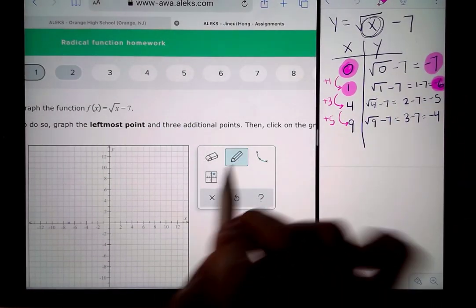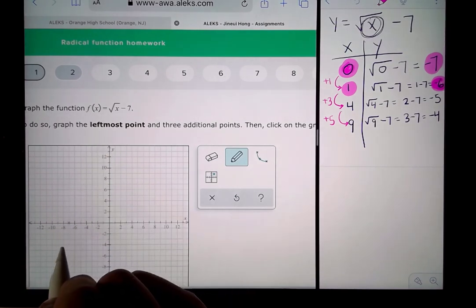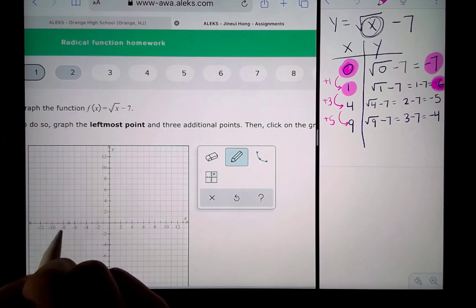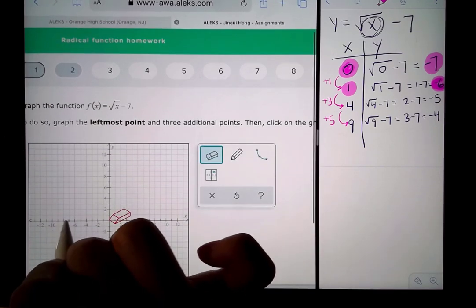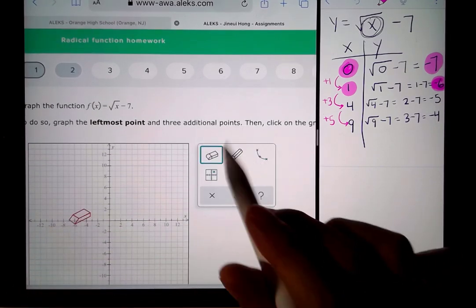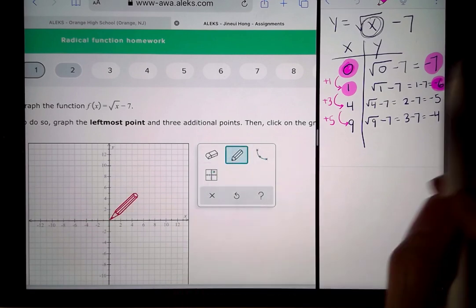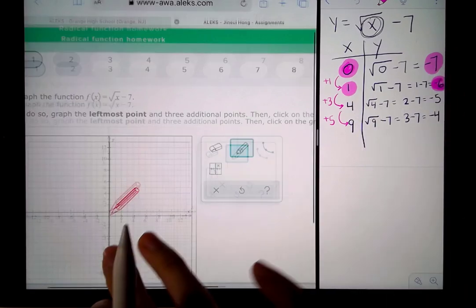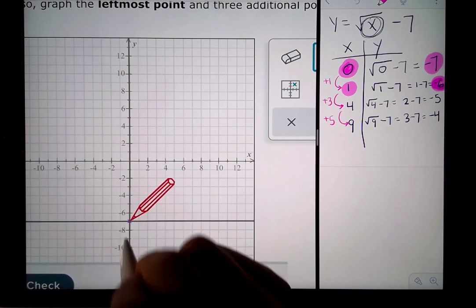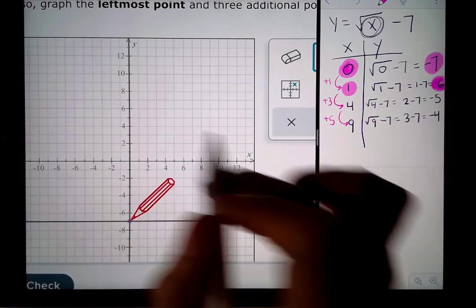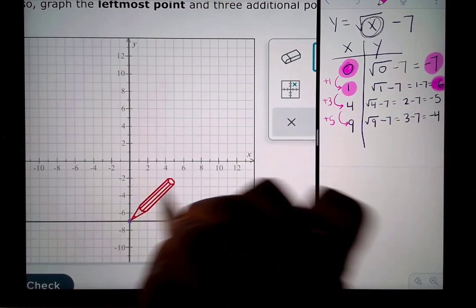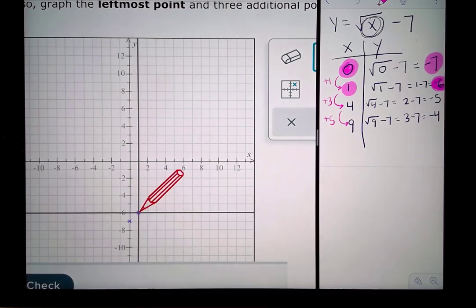So click this and then 1, negative 6. Oh my god, my point was wrong, this one, because I put negative 7, 0. Oh man, I'm sorry guys. So 0, negative 7, it's right here. And then 1, negative 6. My second point is here.